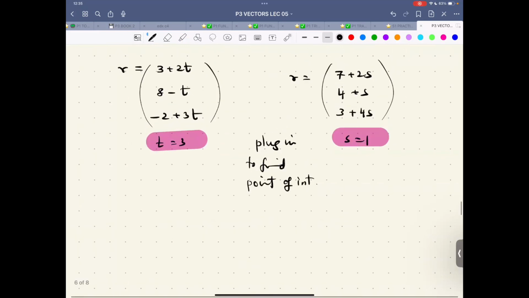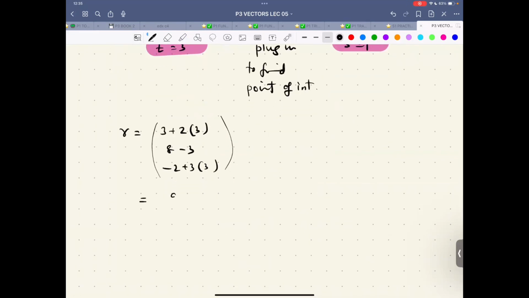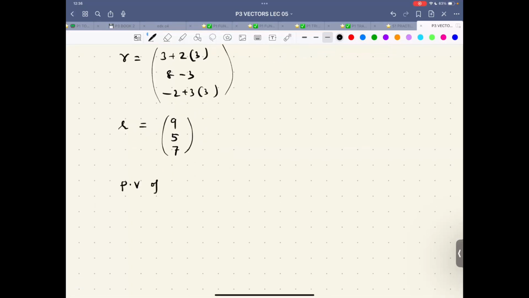So therefore, R is equal to 3 plus 2 times 3, 8 minus 3, minus 2 plus 3 times 3. 6 plus 3 is 9, 8 minus 3 is 5, this is 7. So the position vector of the point of intersection is 9, 5, 7.